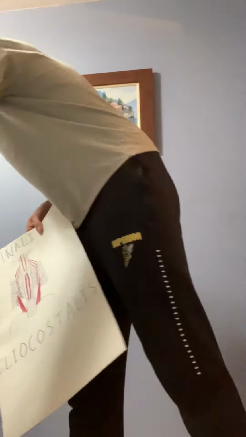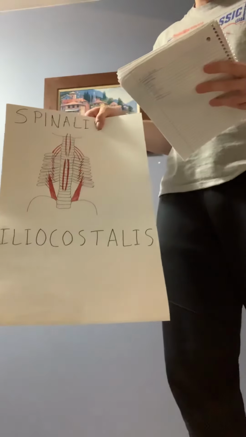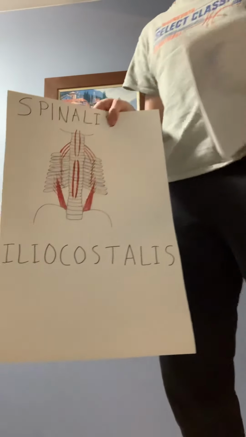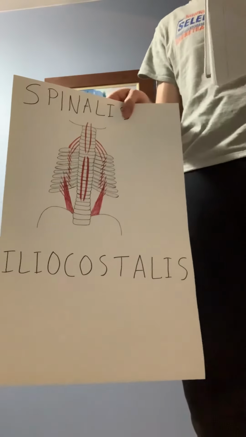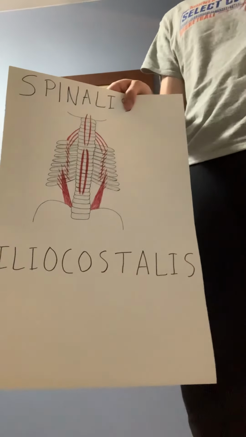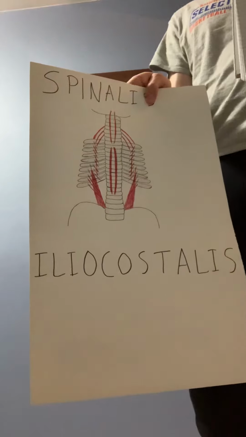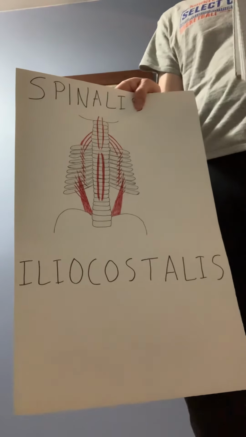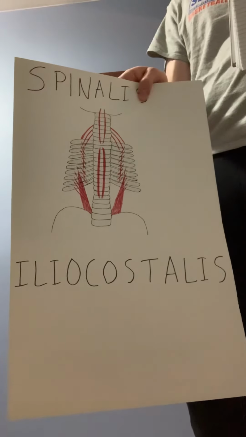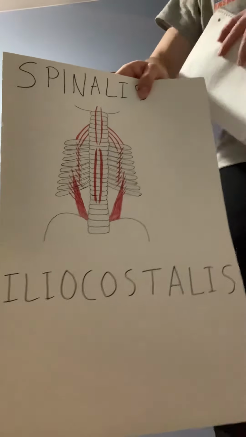So the origin for the Spinalis is the C7 through T1 spinous processes for the capitis portion. The cervical portion is C7 through T1 spinous processes as well, and the thoracic portion is the spinous processes T11 through L2.